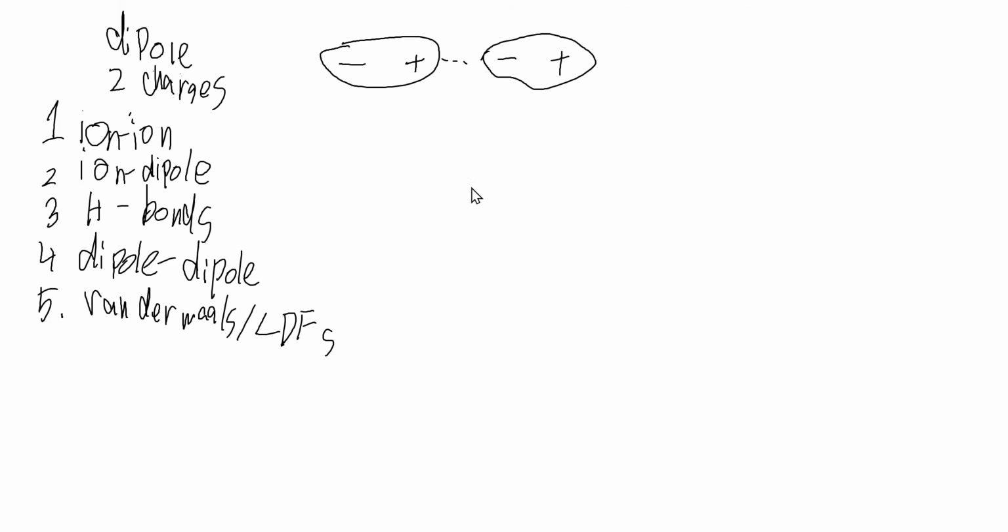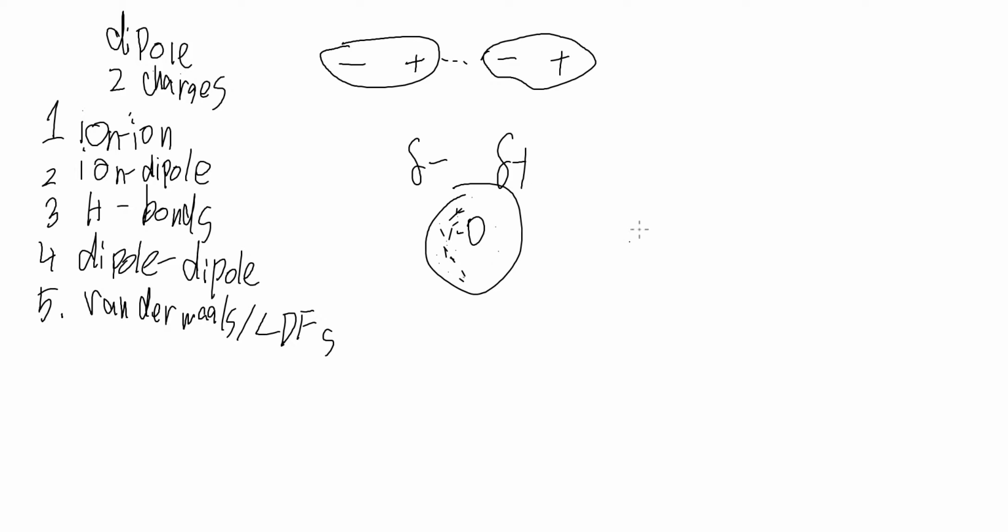What this means is that at any point in an atom, the electrons might not be totally evenly distributed, right? It might form a temporary dipole with a partial negative on this side and a partial positive on this side.